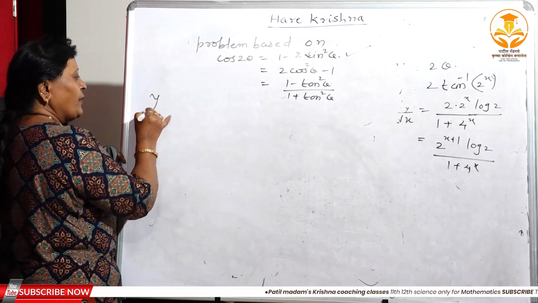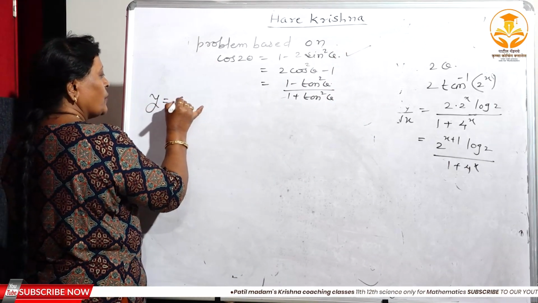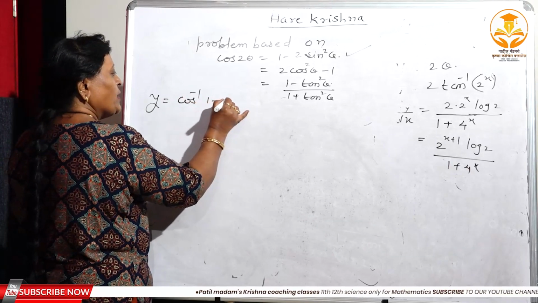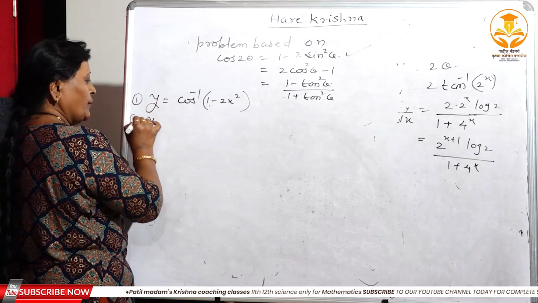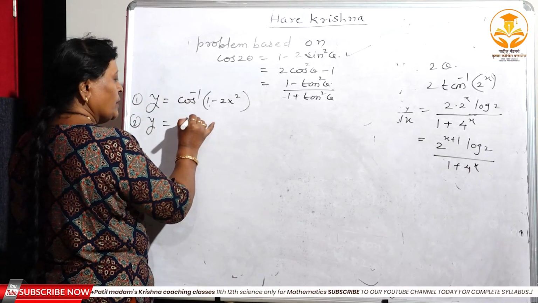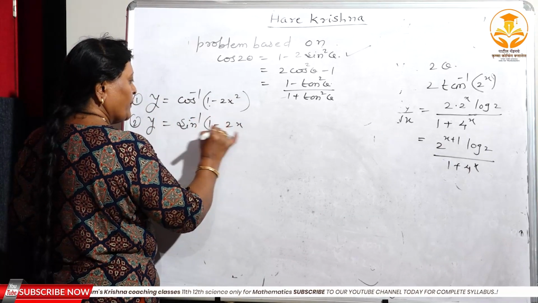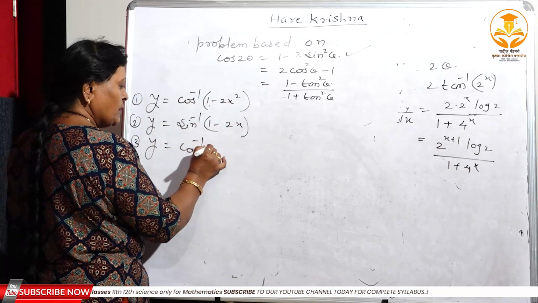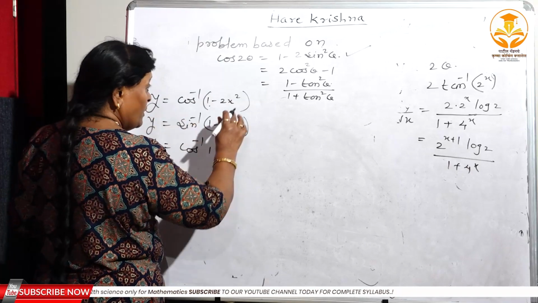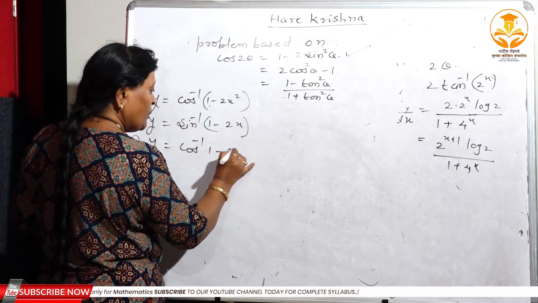Here again y is equal to cos inverse 1 minus 2x square. y is equal to sin inverse 1 minus 2x. Third, y is equal to cos inverse 1 minus 32x square.